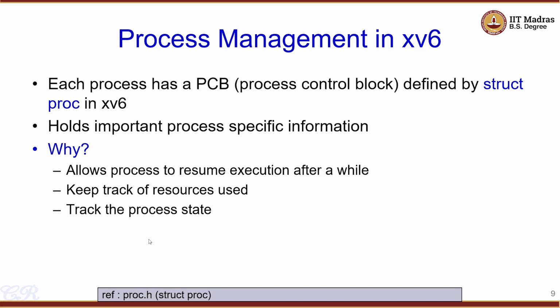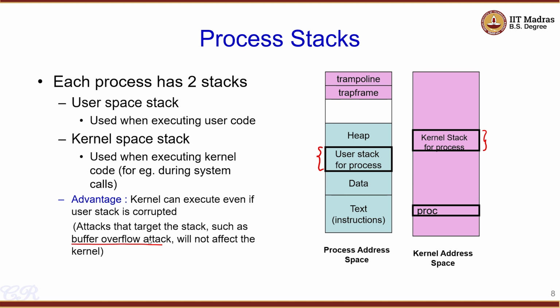Okay. In addition to the kernel stack for the process, the kernel also maintains what we call the proc data structure for a particular process. For every process that executes, in addition to the kernel stack, the kernel also has a unique entry called the proc data structure.